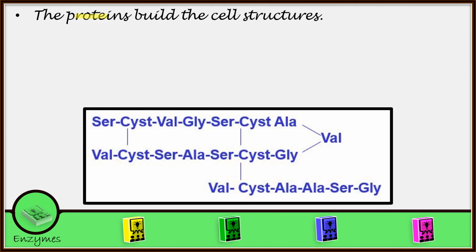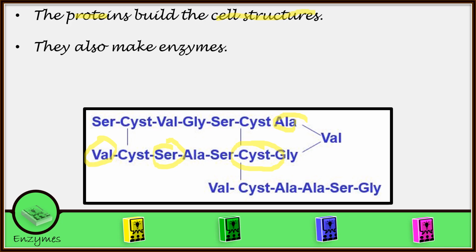The protein builds up cell structures. When we have joined amino acids together, we end up forming a protein, and this protein is going to form a particular cell structure.